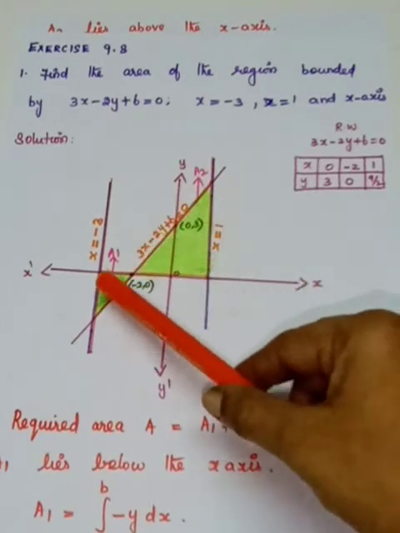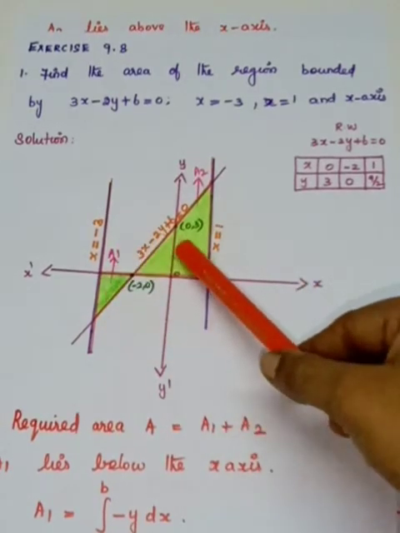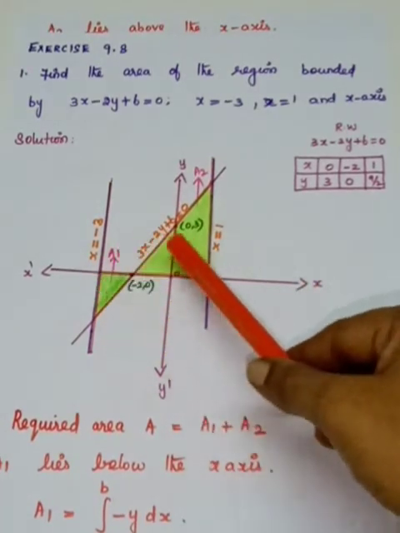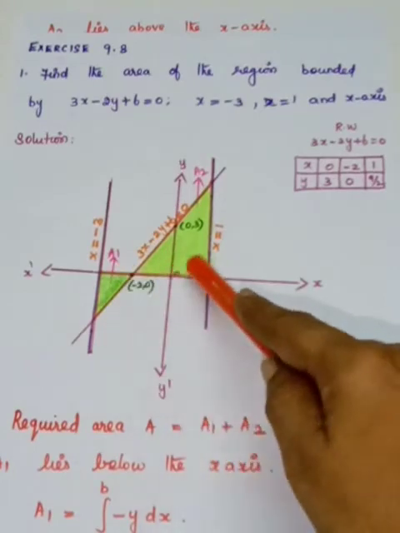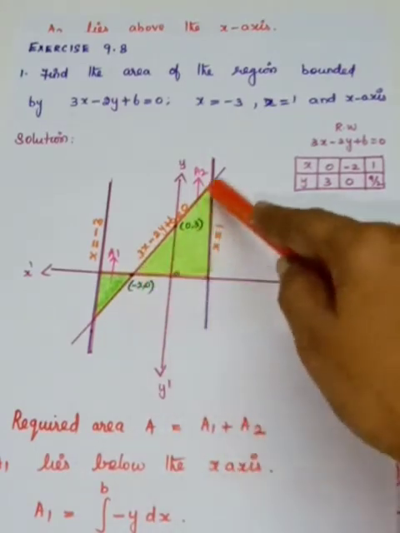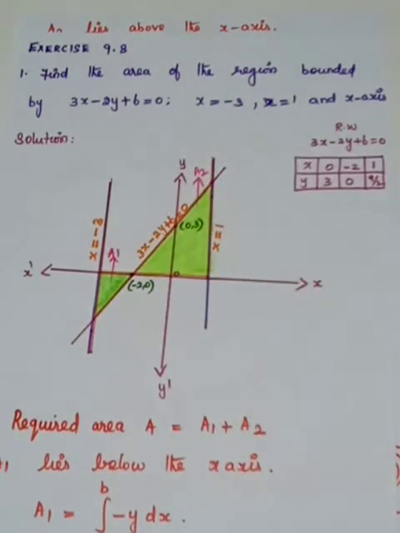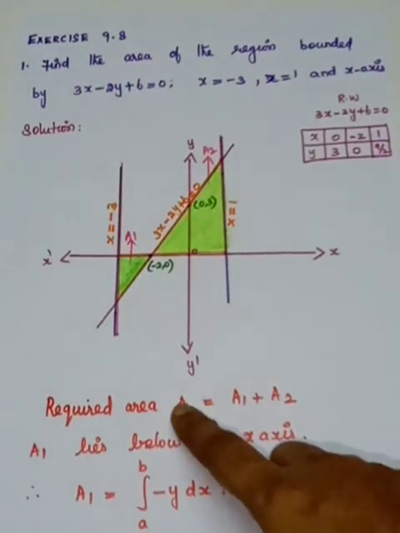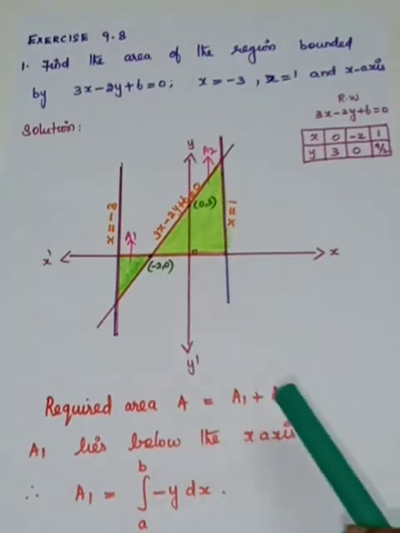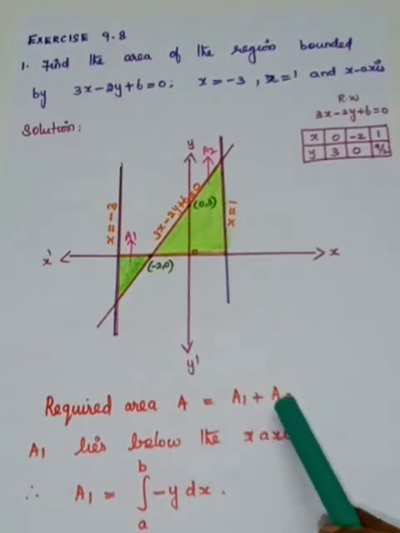So this part and this shaded part will come under this bounded region. One you name as A1, another, this part, you name as A2. Both parts are needed. So the required area is A, so A is equal to A1 plus A2.